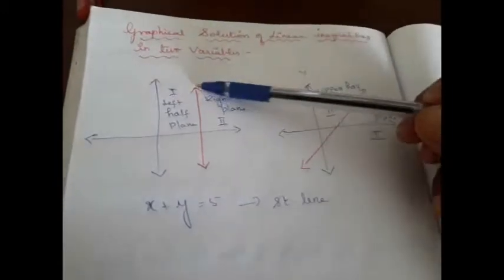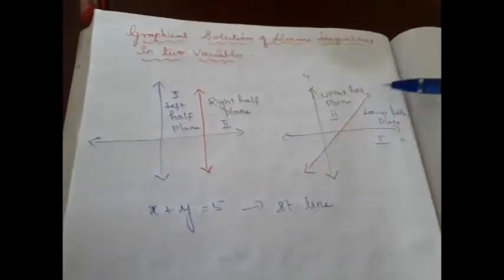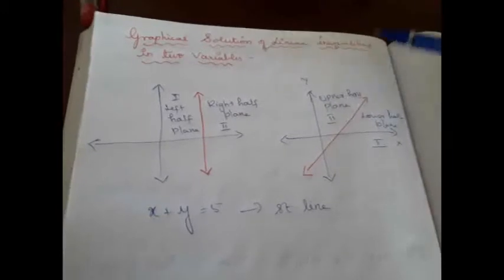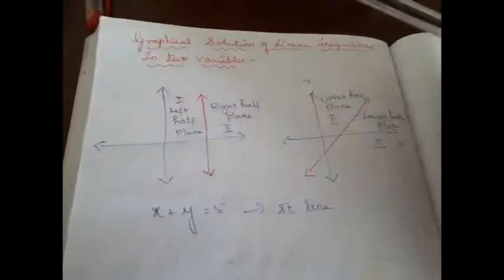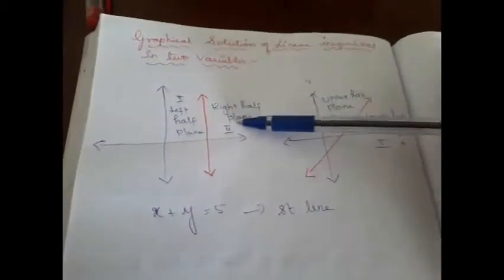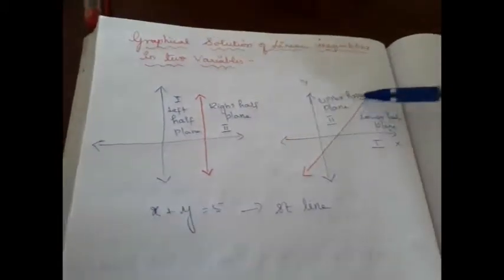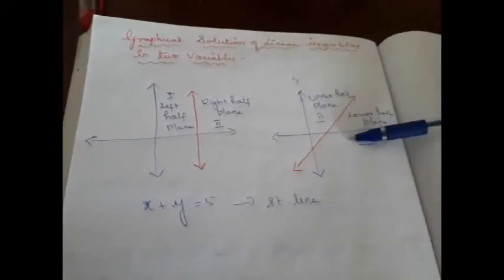It can be either a strict vertical line or a slanting line, right? However it is, the line is going to divide the Cartesian plane into two halves. If it is a vertical line, it will divide the Cartesian plane into a left half plane and a right half plane. Similarly, if it is a slanting line, it is going to divide it into an upper half plane and a lower half plane, right?